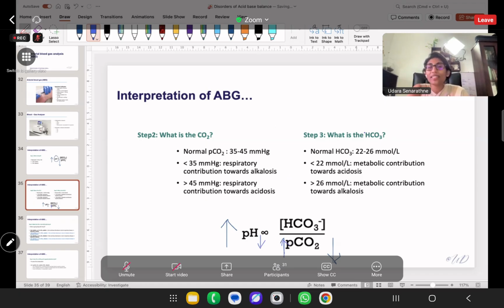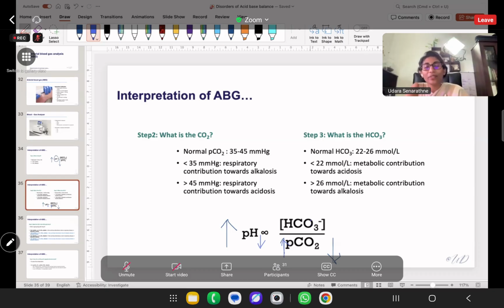And then you look at the bicarbonate. Is the bicarbonate the metabolic contribution towards the acidosis or the alkalosis? So look at these two components like this so that you can identify which component is contributing to the current pH.